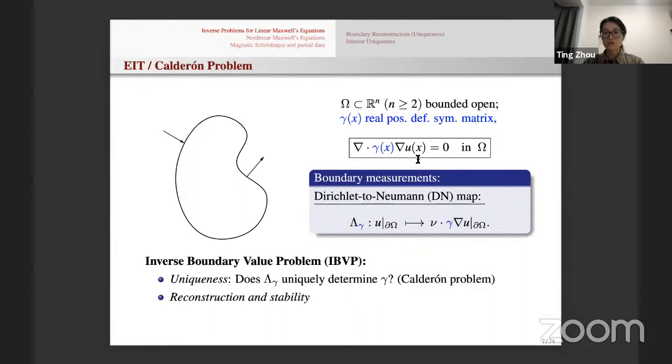That means in Maxwell's equations, you take the frequency omega going to zero, and Maxwell's equations can be approximated by this conductivity equation. For the Calderon problem, you use the Dirichlet-to-Neumann map, which is the voltage to current flux at the boundary. And we ask, can we determine the conductivity uniquely? Or how can we reconstruct the conductivity? Or how stable is this process?